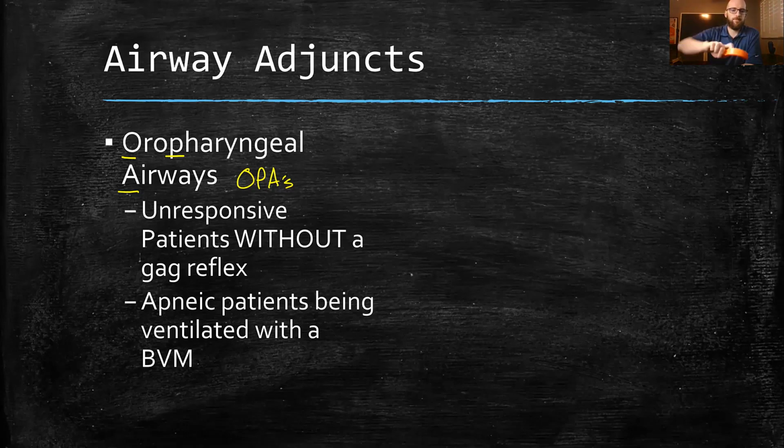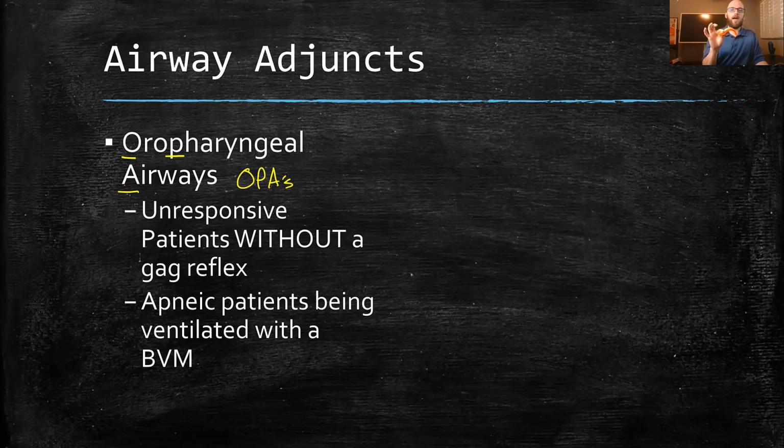Okay? And so the little flange part there should rest on the lips, more or less. And the end of that is going to be right at the base of the tongue, just helping to protect that pathway for patients to be able to continue to be ventilated, right? And to not have that tongue drop back into the back of the throat.